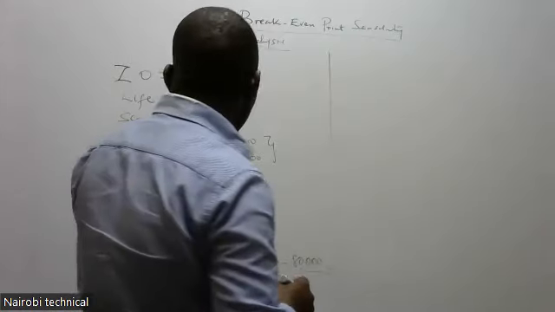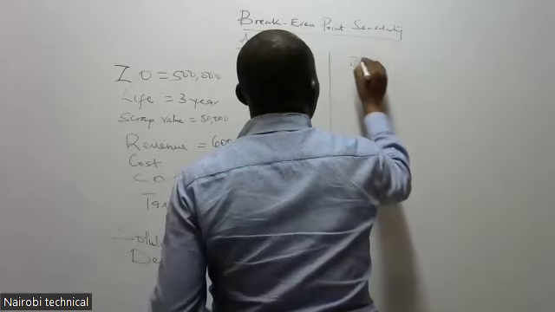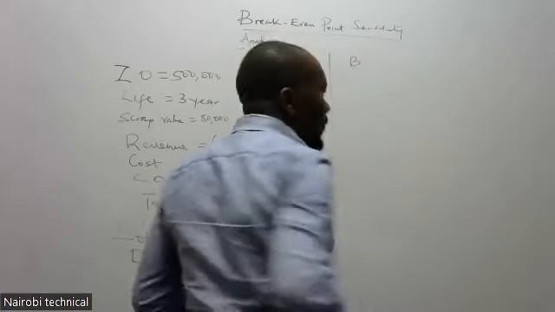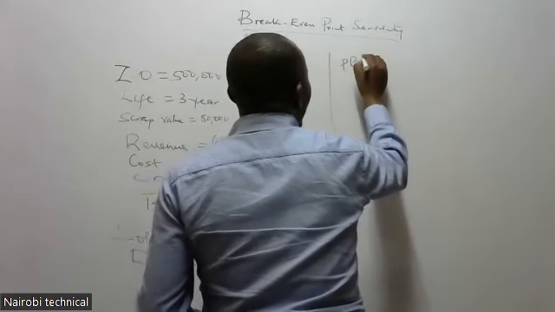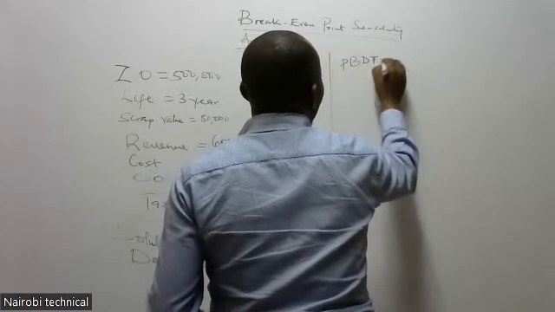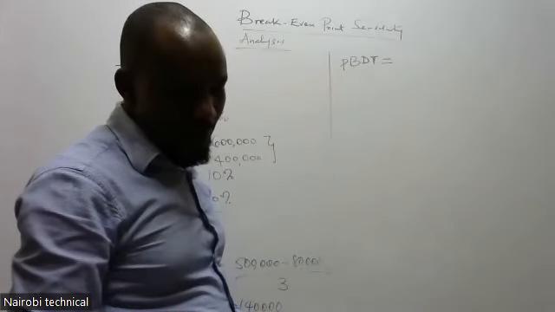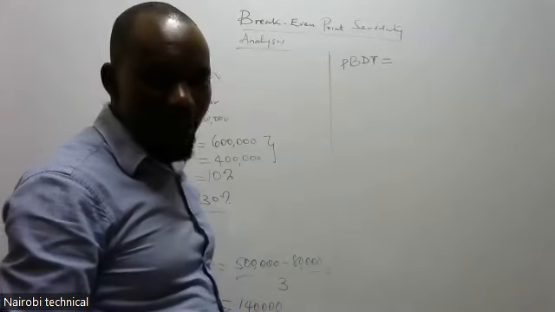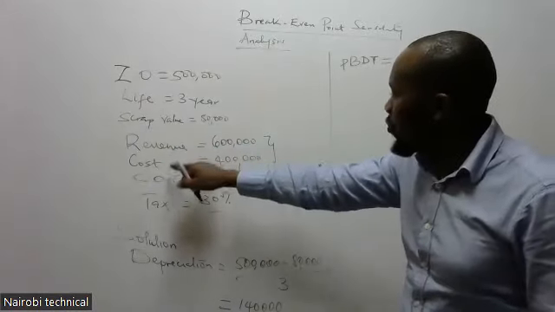Now, we need to bring the elements from the first place. We have profit before depreciation and tax, which is, have they given us profit before depreciation and tax in how much? This one, revenue minus cost.